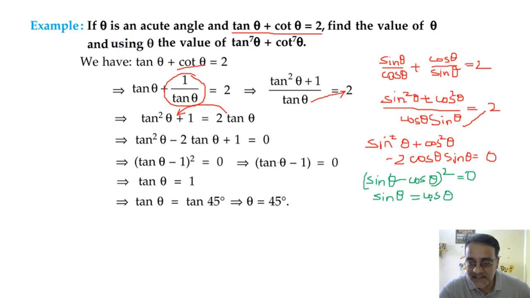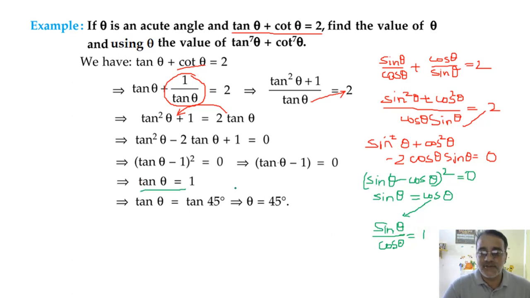Right? In the next step, you can shift the cos theta to the denominator. So you will get sin theta upon cos theta is equals to 1. So it will become tan theta is equals to 1. Or you can conclude here also that sin theta is equals to cos theta, theta is equals to 45 degree.